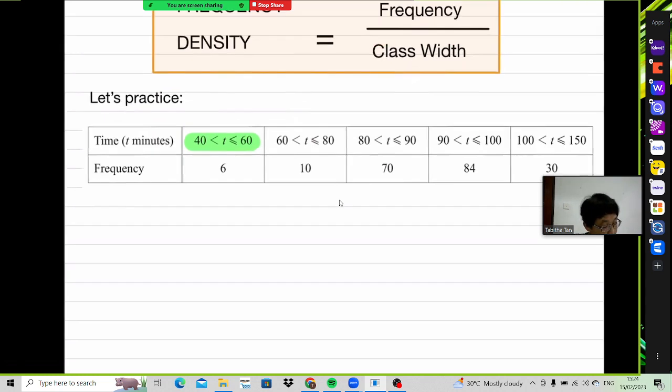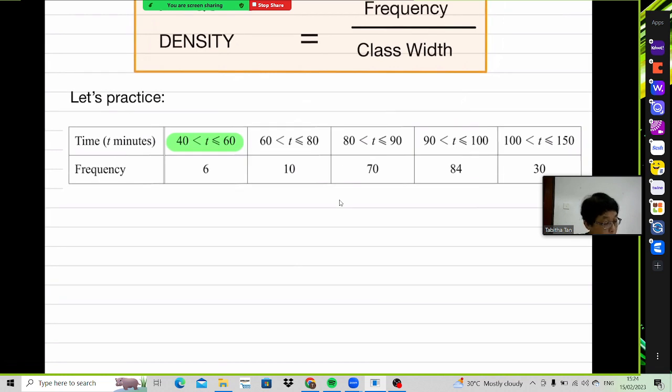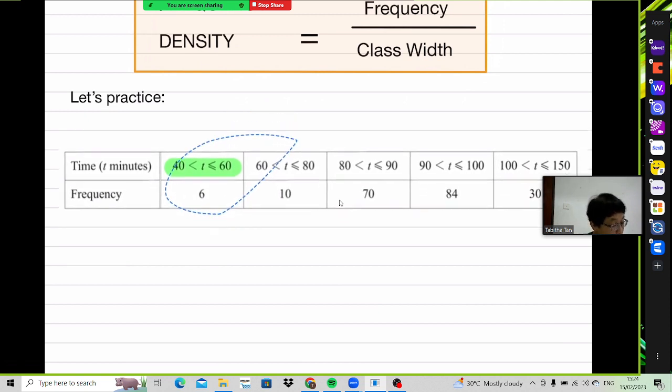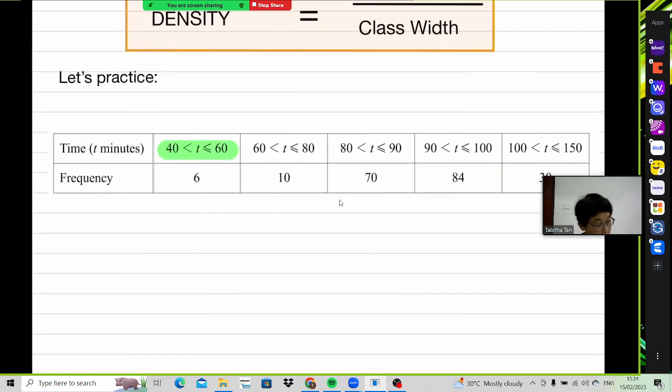Let us start practicing. Let us first indicate here what is the class width. Let me move this down a little bit to give us some space. In order to get it done in a quicker manner, let us just indicate on top of the table.